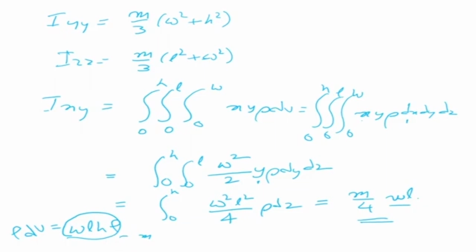So Ixy is equal to m by 4 w L. Now similarly I can find the other terms: Ixz is equal to m by 4 h w, and Iyz is equal to m by 4 h L. Okay, so putting all the terms together, we can get the inertia tensor.